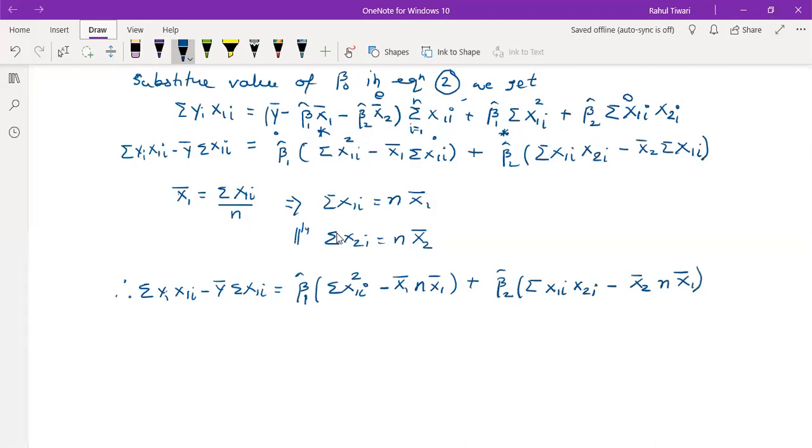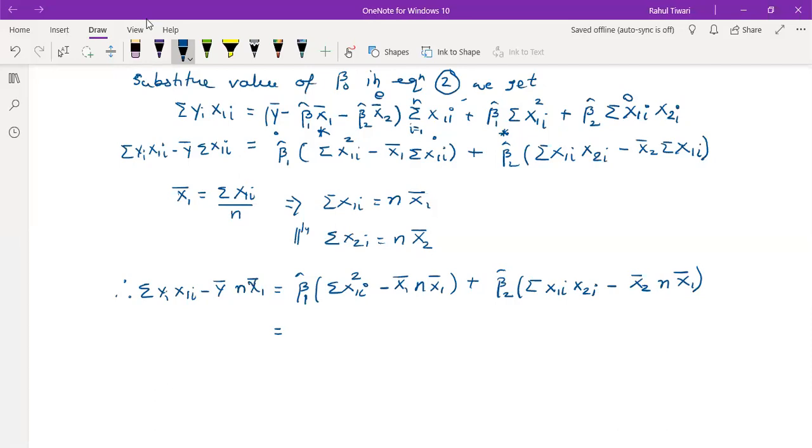Therefore, you can even replace the left hand side also, so this is going to be n into x1 bar. Okay, now just make some simplified terms.